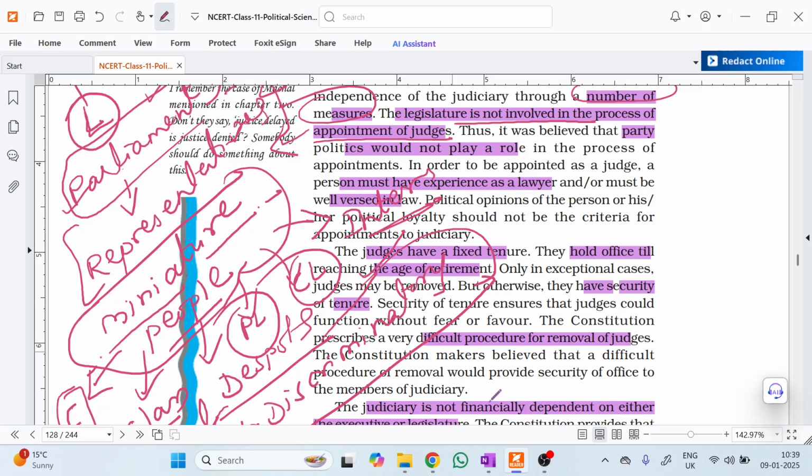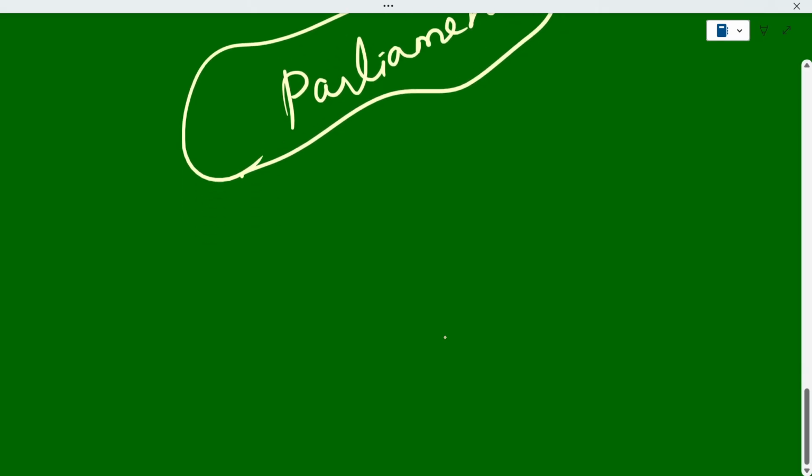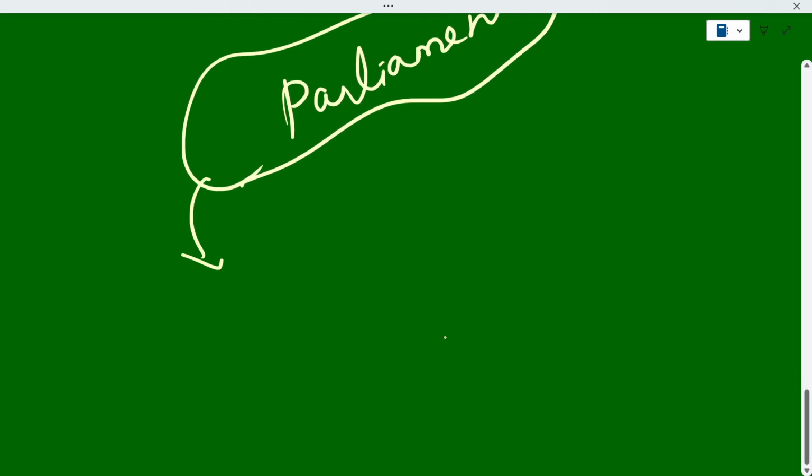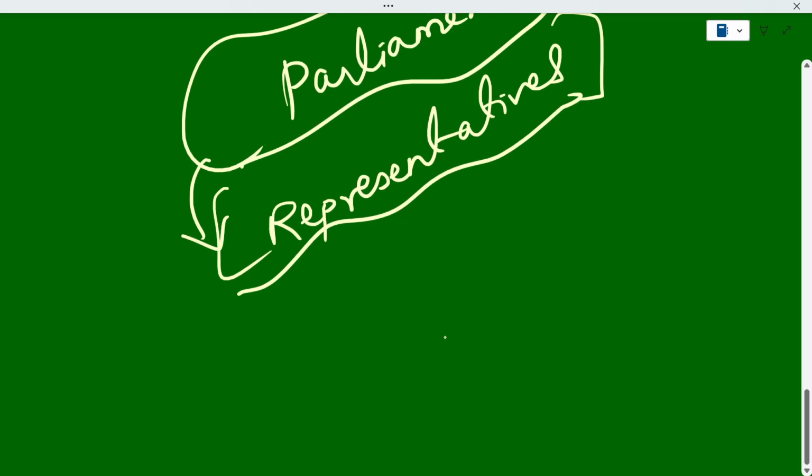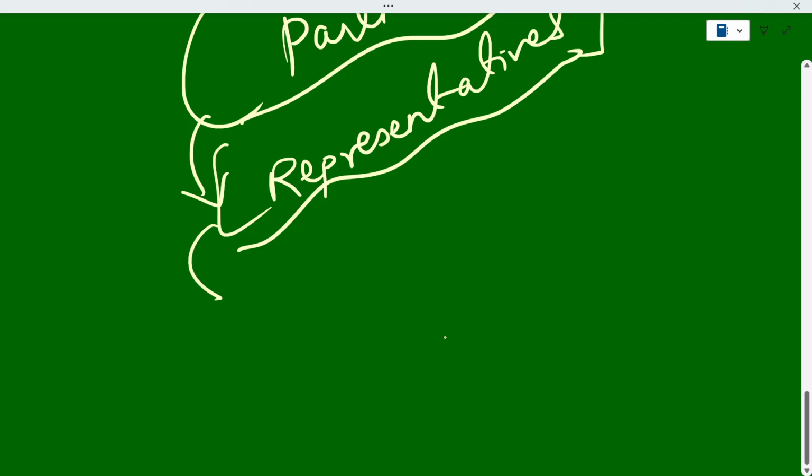For example, let's take an elaborate way, so that this thing can be understood. Parliament is the group of representatives, and representatives are the people, the electors that represent people.